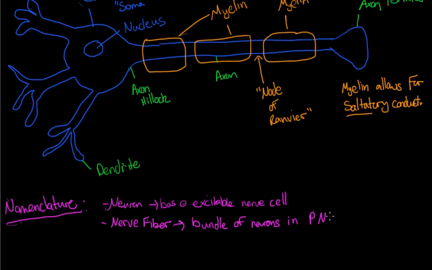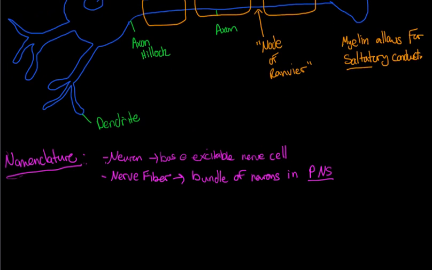And that's going to differ from a nerve tract, which is going to be the same functionally, but found in the CNS, the central nervous system. So it's going to be the spinal cord or the brain. It's going to be everywhere else. So nerve fiber, bundle of neurons in the PNS. Nerve tract, bundle of neurons in the CNS.